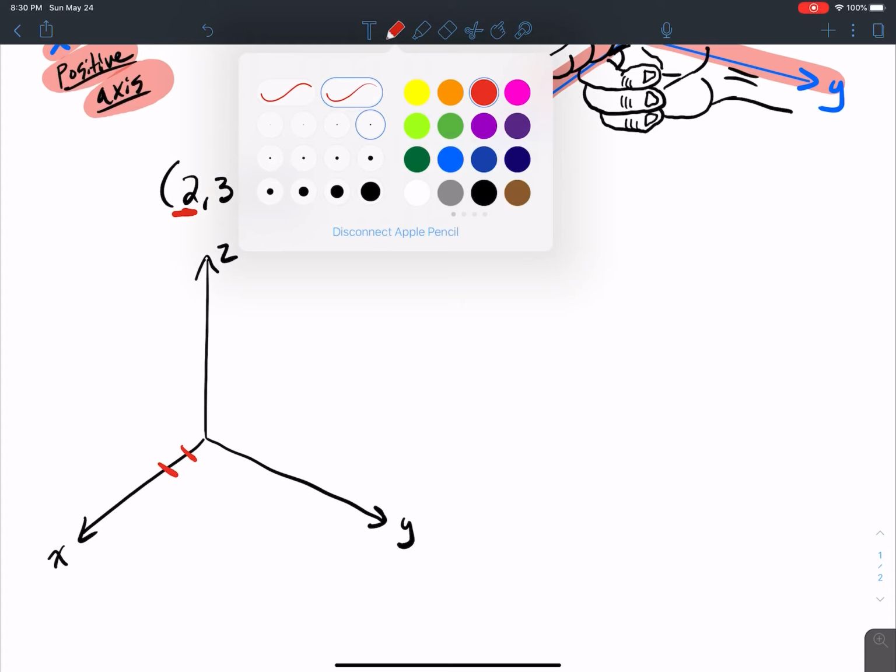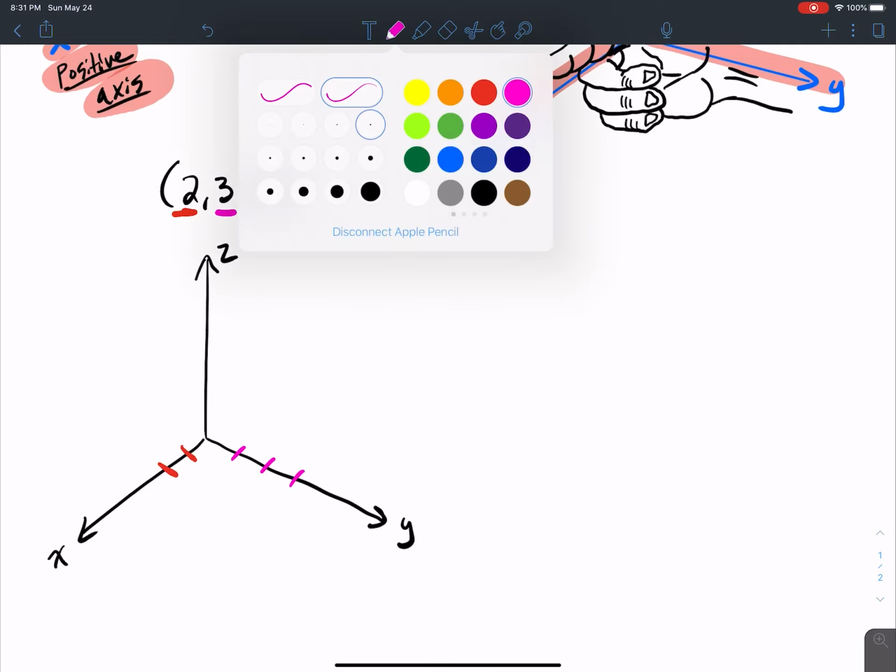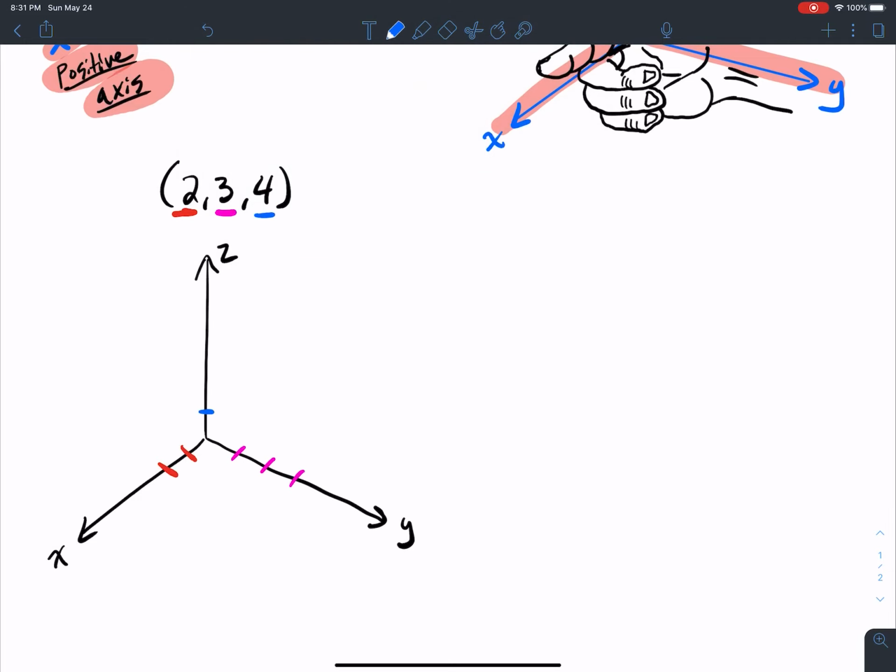And then I'm going to go 3 units in the y direction: 1, 2, 3. And then I'm going to go 4 units in the z direction: 1, 2, 3, 4.